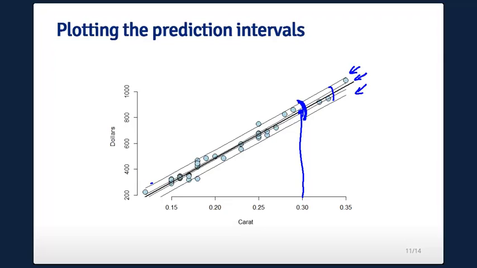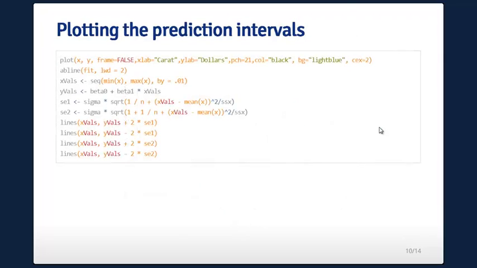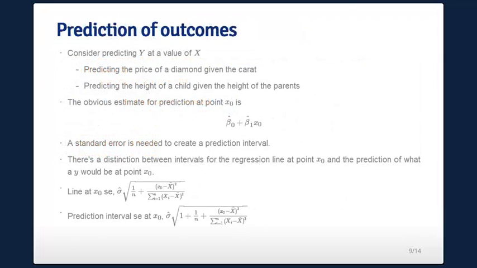And for the prediction interval, another way to think about it is that there are three parts. There's this part that says how close to the average are we relative to the variability of the x's. That talks about how close to the middle of the data you are, where you should get good prediction.